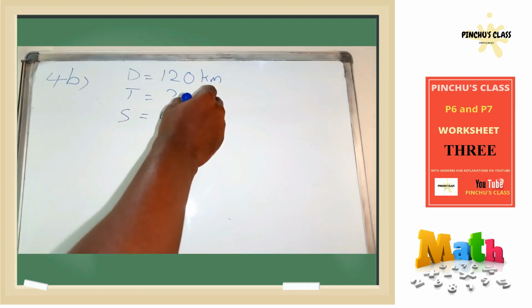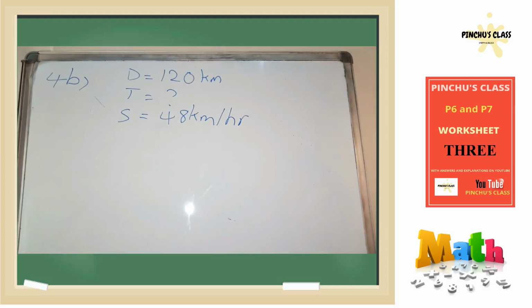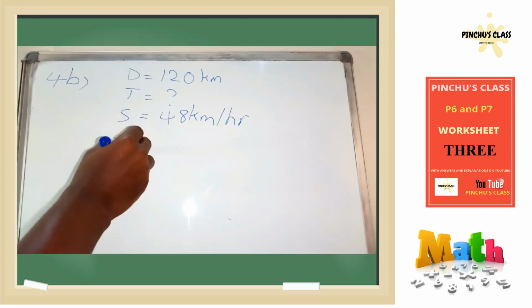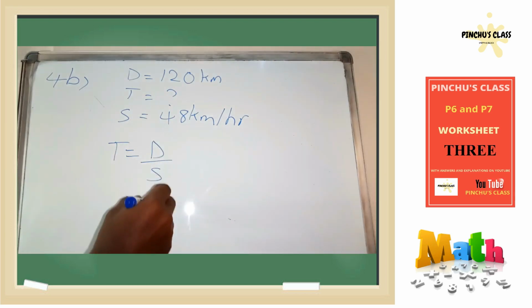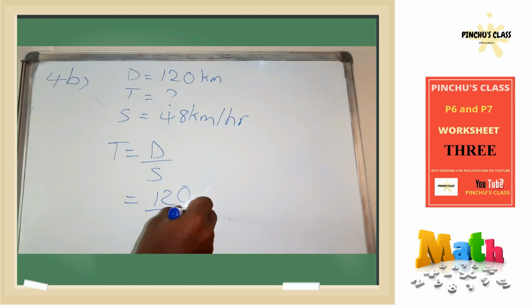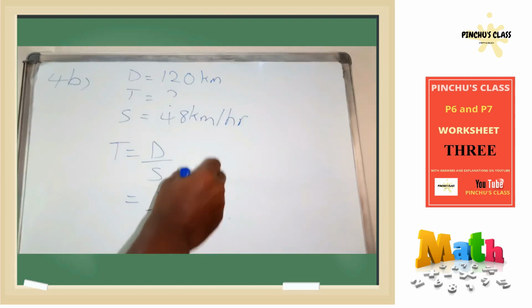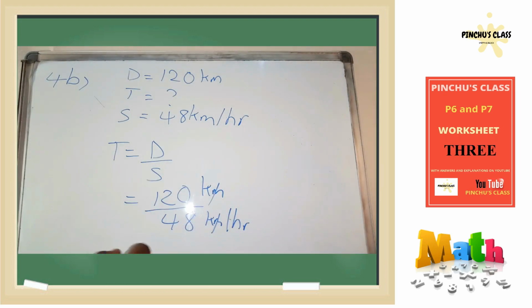So this time around we are finding the time. Time is the same as distance out of speed. So our distance is the same, 120, and our speed is going to be 48. Remember, this is kilometers, this is kilometers per hour. So this and this will cancel, and then we shall have our answer as 2 hours and a half, 2.5 hours actually. So that's the answer.